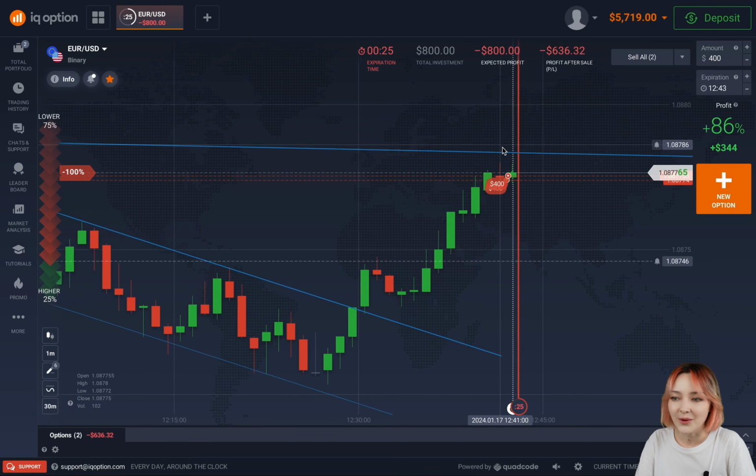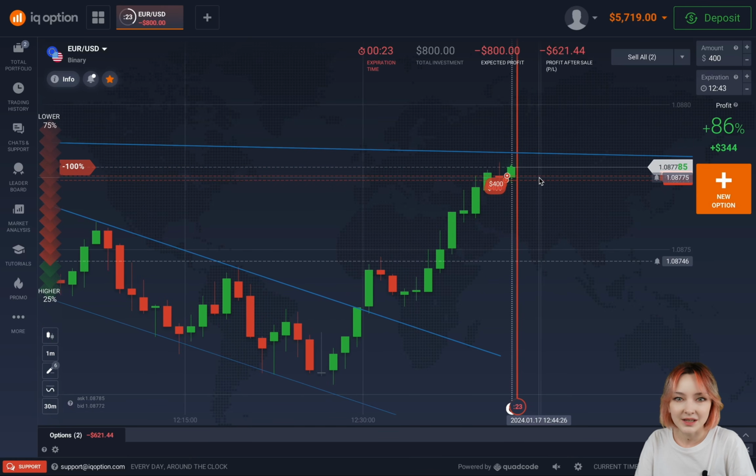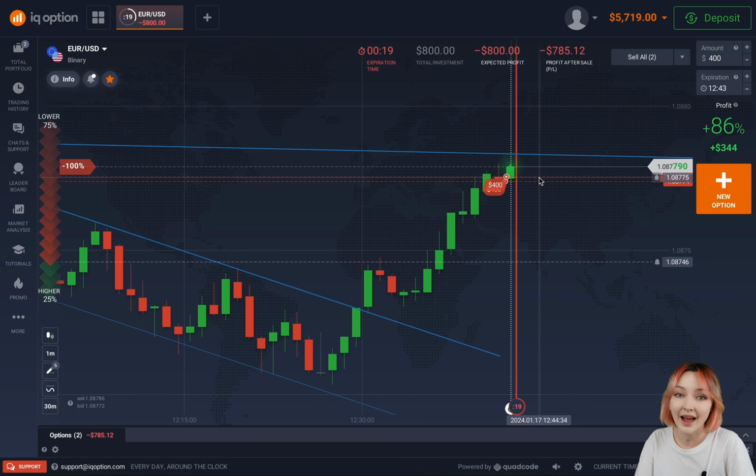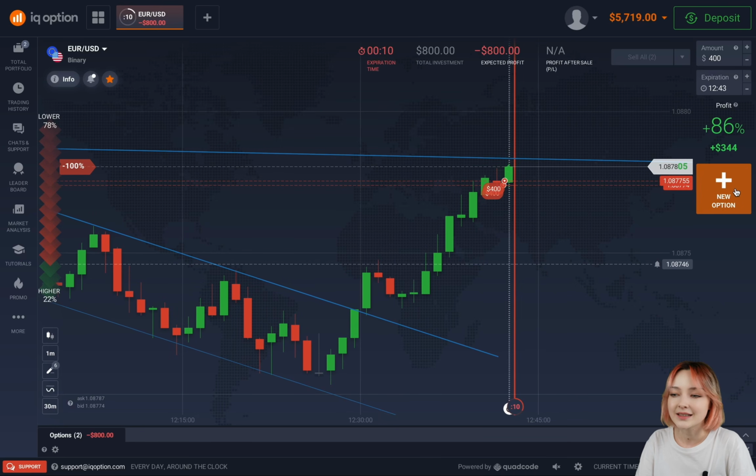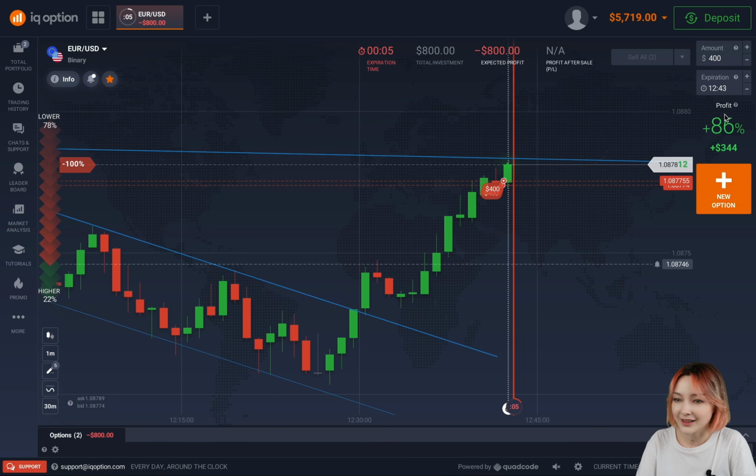You never know when the long-awaited reversal is expected, but no one wants to miss out on extra profit due to late entrance. So we've taken a risk and placed 2 trades, but as you can see, it would definitely make sense to wait a bit and place the 2 deals a little bit higher.